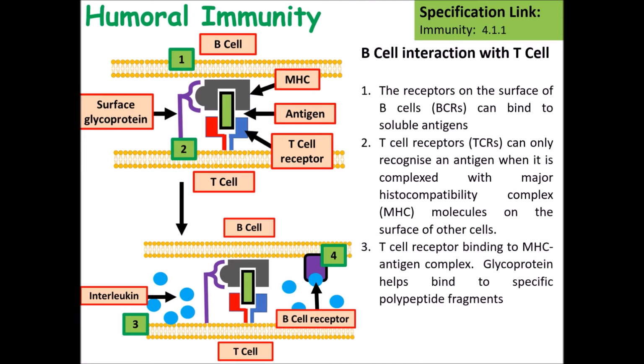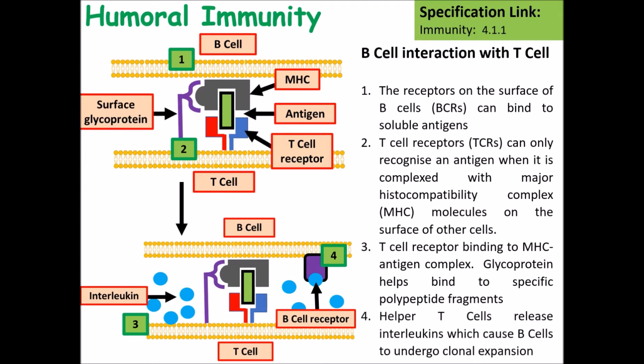Other things, like glycoproteins, will bind to other specific fragments of the polypeptide chain that it's presenting. The helper T cells, in response to this, release interleukins which cause B cells to undergo clonal expansion. So you get lots and lots of B cells all being produced at once.